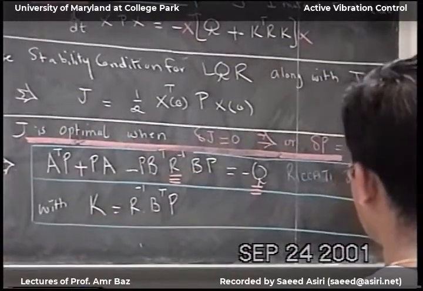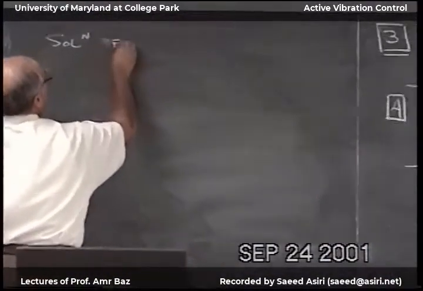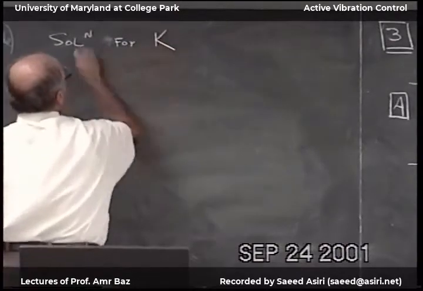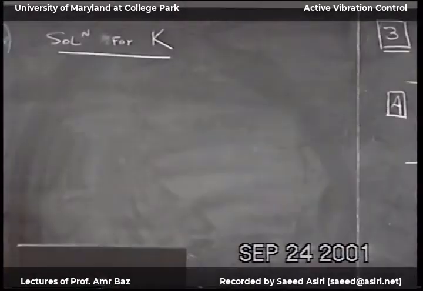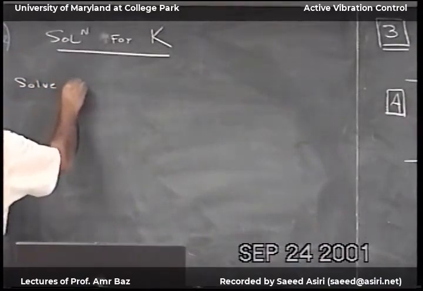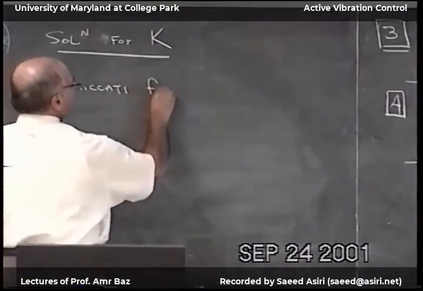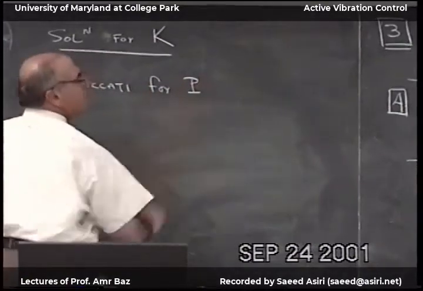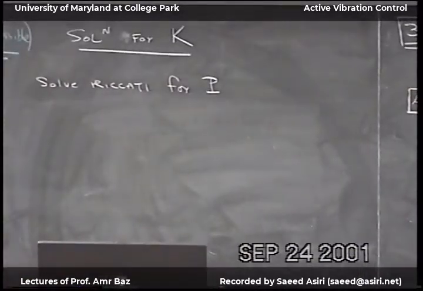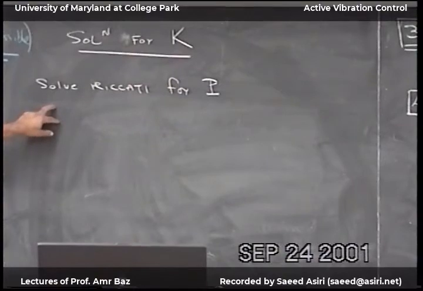And the solution for the control gain K: solve Riccati for P. There's two ways that I put in the notes for solving it.